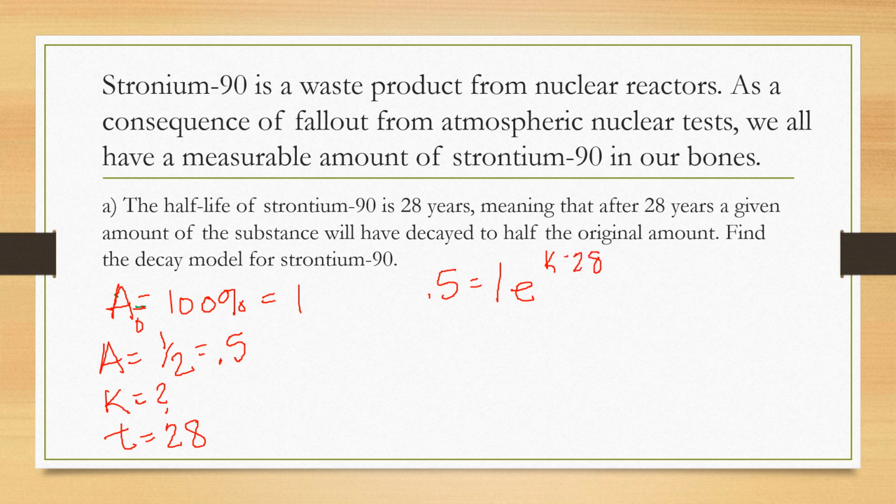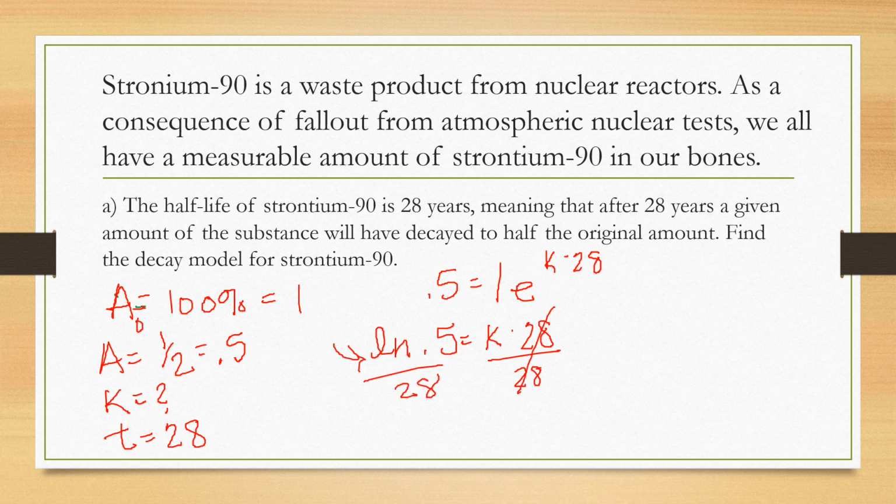We're going to do this the same way we did before. Put this in a logarithm equation. So the log of base e, the natural log of 0.5, is equal to k times 28. So we'll divide by 28, and that's going to give us k.